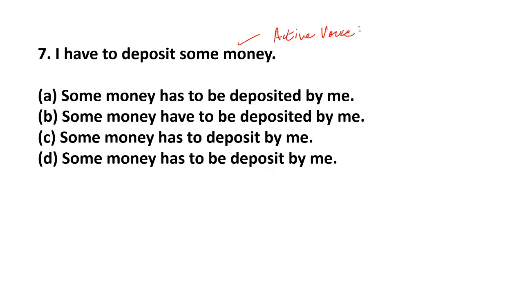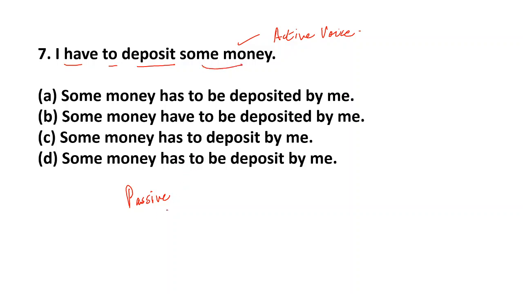Here you see has or have is there, plus V1 is there, plus object is there.